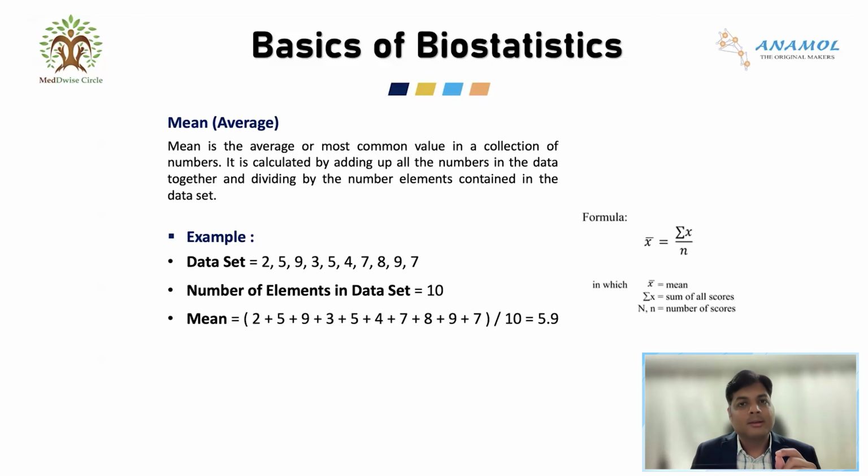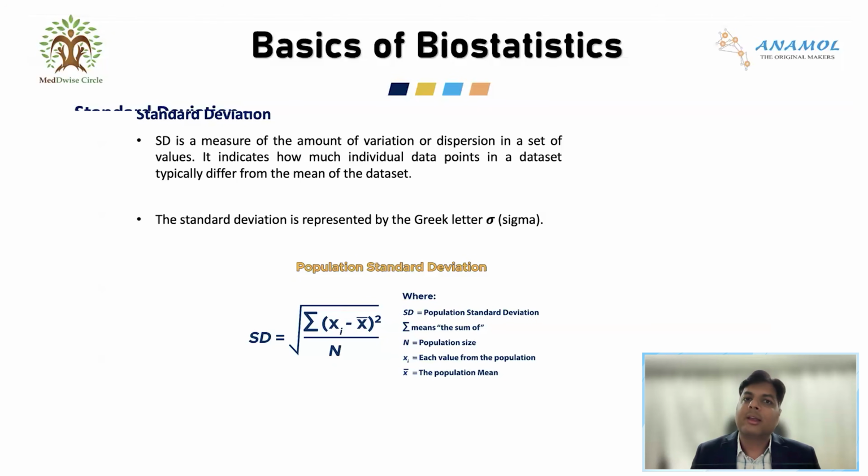Mean in mathematical language is signified as X bar, whereas standard deviation in mathematical language is signified as a Greek letter called sigma. So this is how it is signified in mathematical language. This is the letter for sigma. Now we will try to understand this formula a little bit in detail.